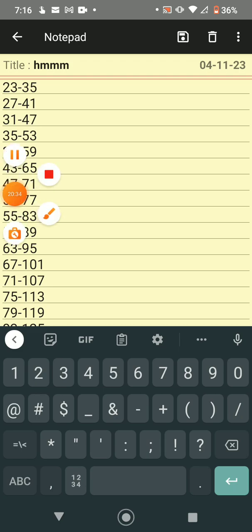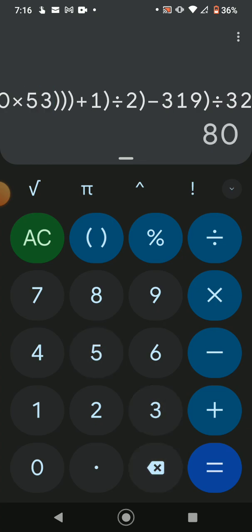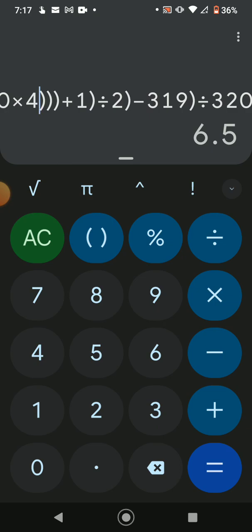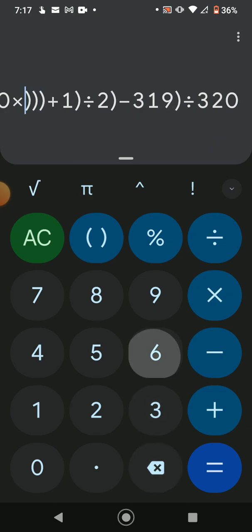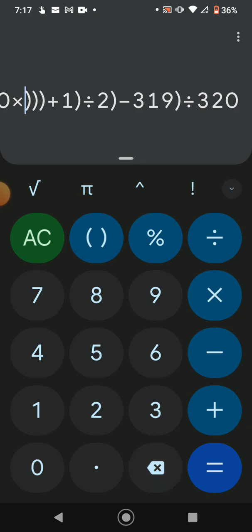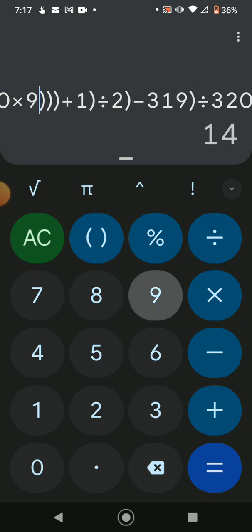We could just go back and check it. 23, 35, 53. And then I think 41 was, no. 40, yeah. 47 goes to 71. 71 goes to 107. And then 95.